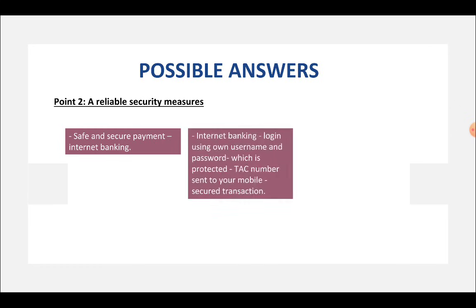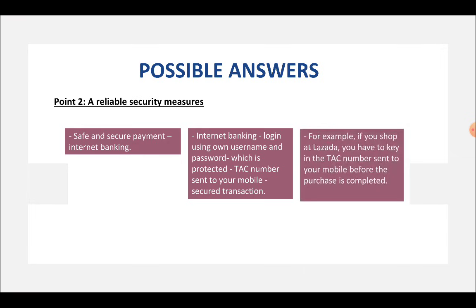So what consumers have to do is log into their internet banking using their own username and password, which is protected. So how is it protected? You have to key in the tag number sent to your mobile. So this proves that this is a secured transaction.